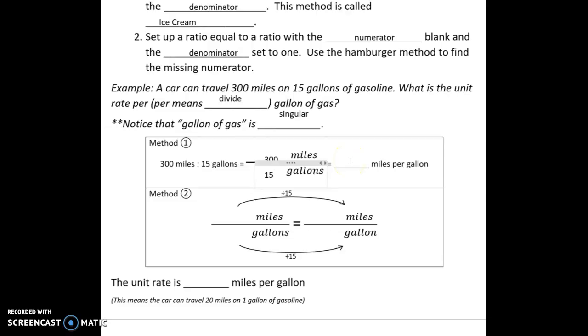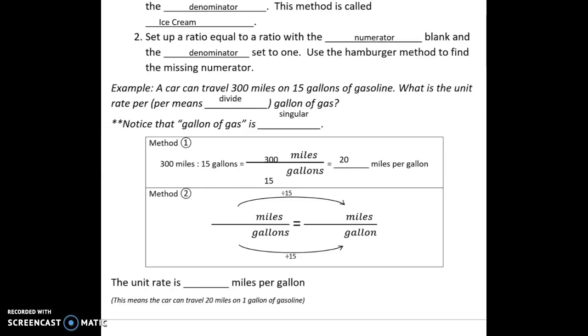Alright, and in method 1 it says to take our numerator and divide it by the denominator. So 300 divided by 15, let's see, 15 goes into 30 2 times, you have 0 left over, 15 goes into 0 0 times, so that is 20 miles per gallon. That is 20 miles per 1 gallon.